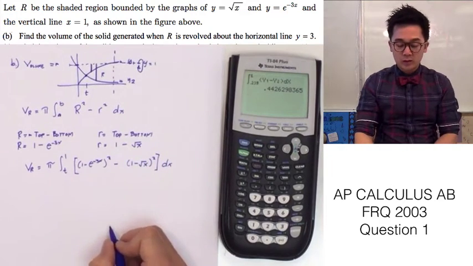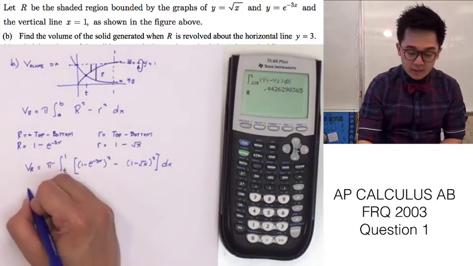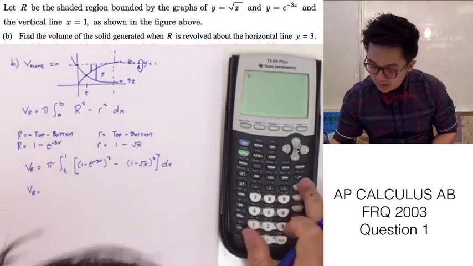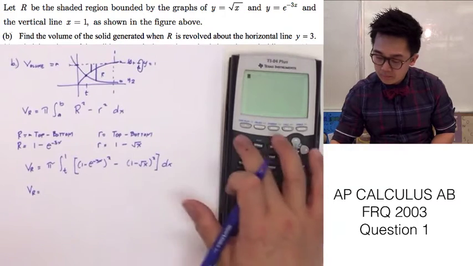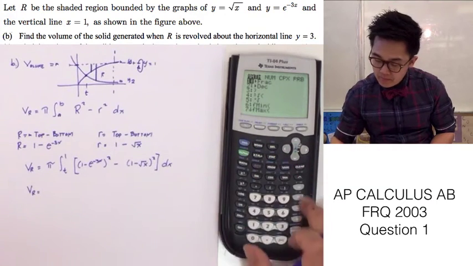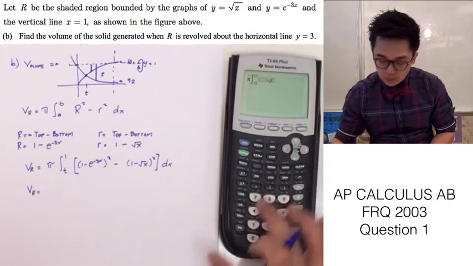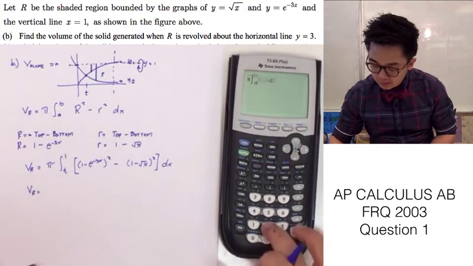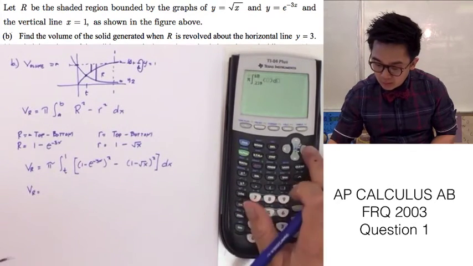So this is our integral function, and using our calculator, we have pi, math 9, lower limit is t, which is 0.239, upper limit of 1.